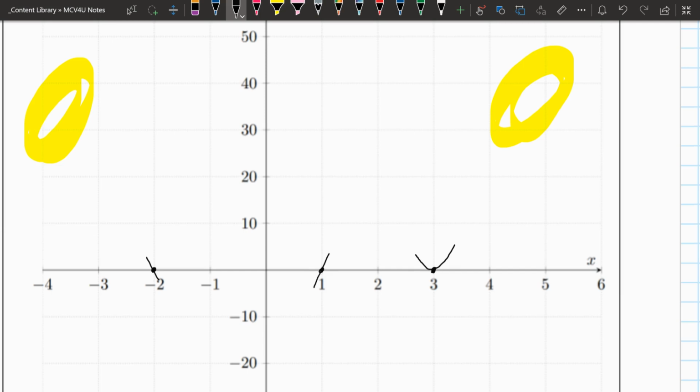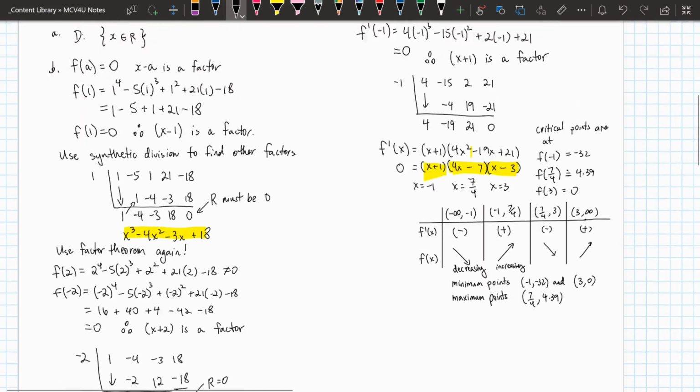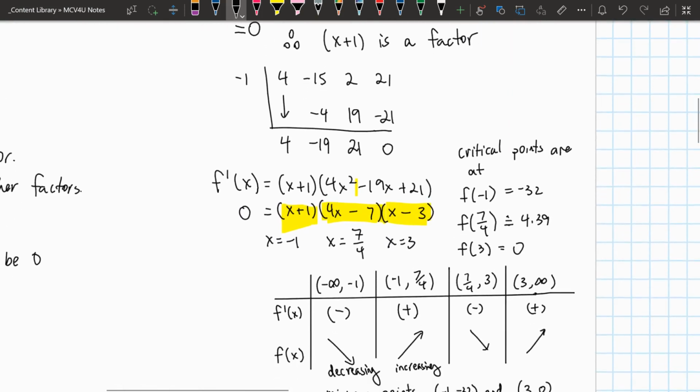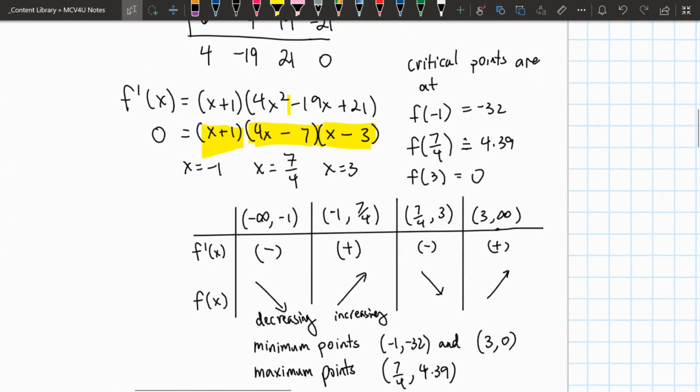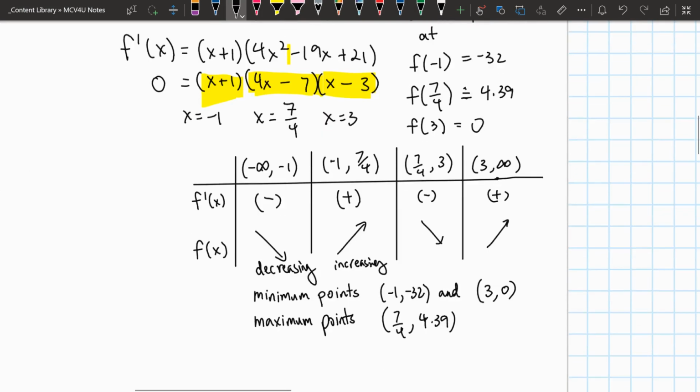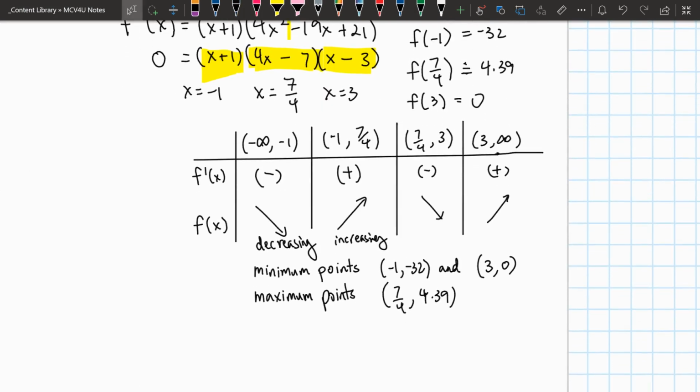Turning points. So where are our turning points? We have a turning point at negative 1 and at, let's remind ourselves again, negative 1 we have a minimum, and at 3 we have a minimum. So our x-intercept with a multiplicity of 2 is a turning point. All right. And we have negative 1 and negative 32.